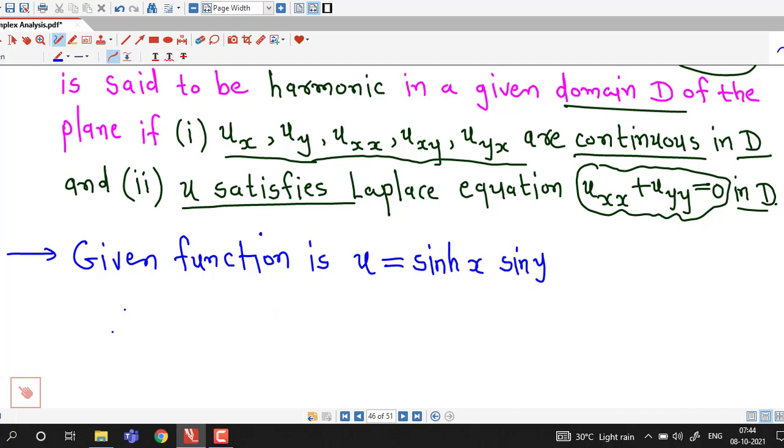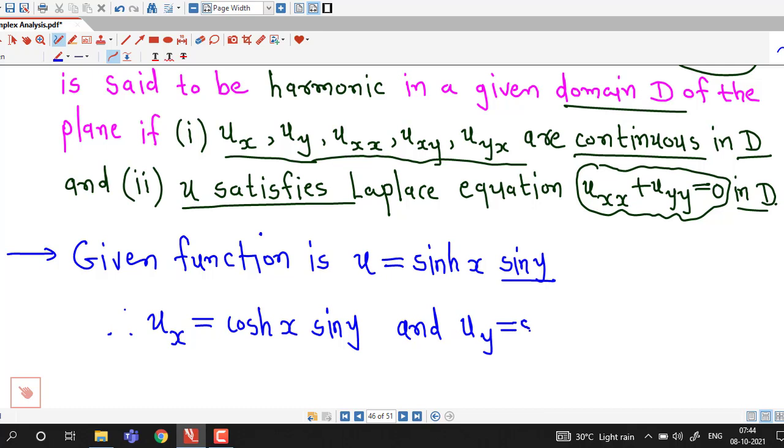Therefore if we differentiate with respect to x, sine hyperbolic x has derivative cos hyperbolic x. We are differentiating with respect to x, so sine y is constant, derivative of sine hyperbolic x is cos hyperbolic x. And if we differentiate with respect to y, sine hyperbolic x becomes constant and derivative of sine y is cos y.